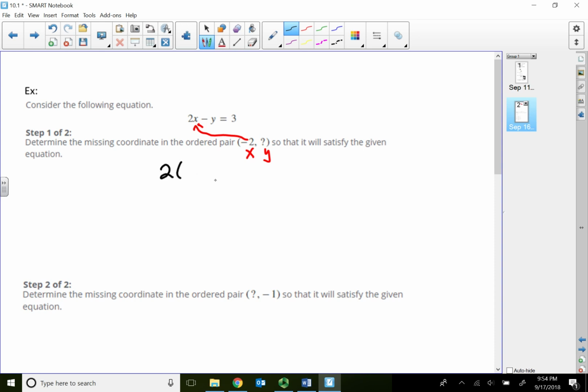2x now becomes 2 times -2, minus y, equal to 3. 2 times -2 is -4, minus y, equal to +3. Since I'm solving for y and y is negative, I'm going to move my y over, and move the +3 back to the left. So -y comes to the right side and becomes positive. -4 is still -4.